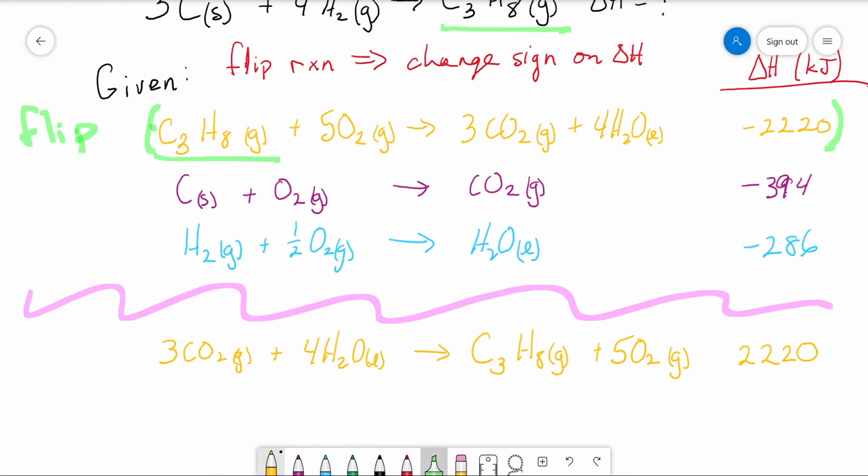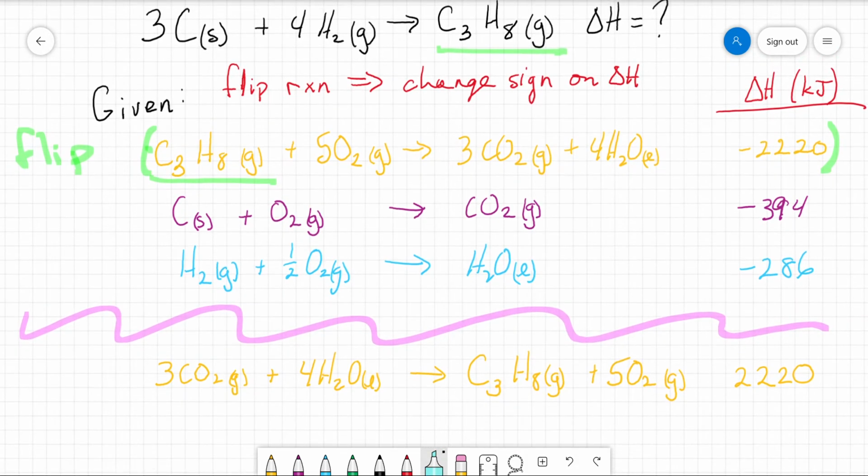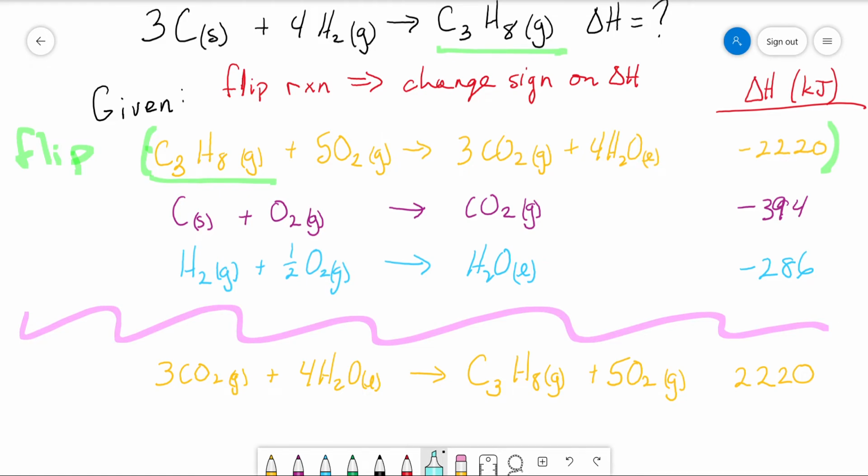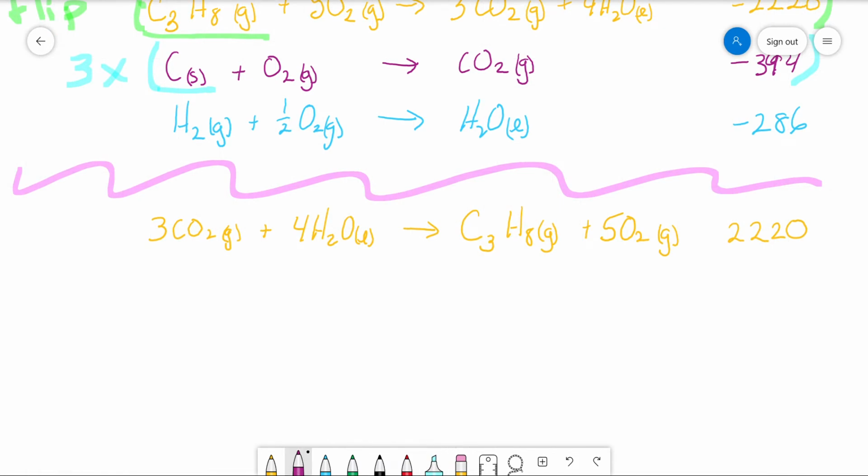Let's move on to the purple reaction. Again, inspect the reaction, see what it has in common with the one up above. There we go, C solid and C solid. But notice this is a 3 up here and we only have a 1 there. So what I'm going to do to this reaction is multiply everything by 3, and that includes the value for delta H. So I get 3C solid plus 3O2 gas gives me 3CO2 gas.